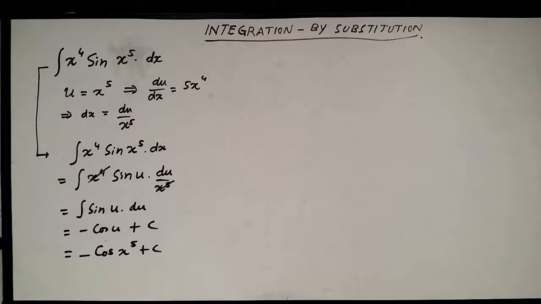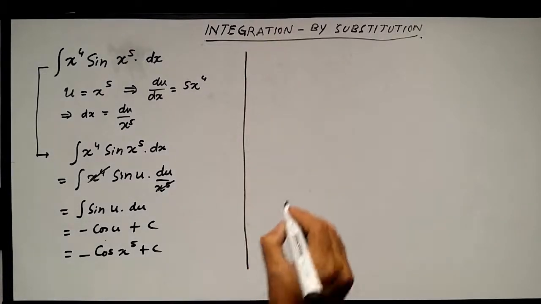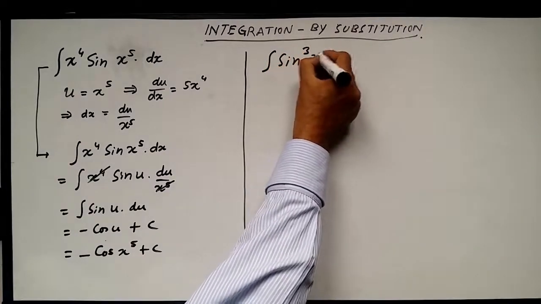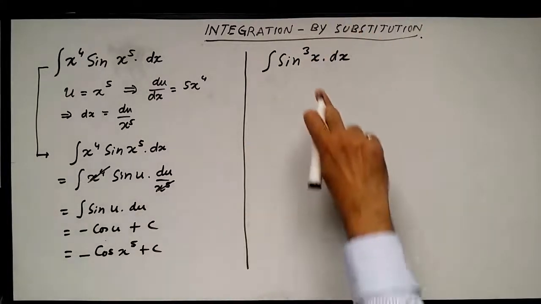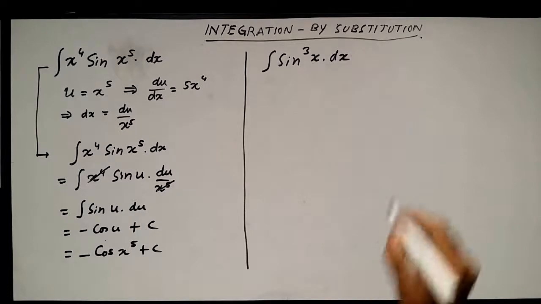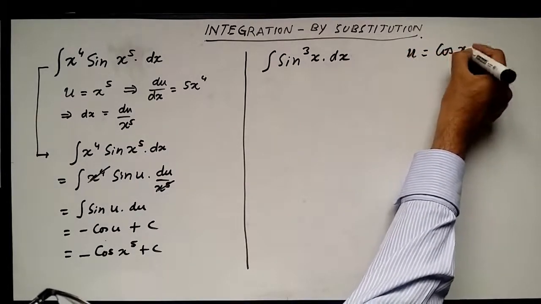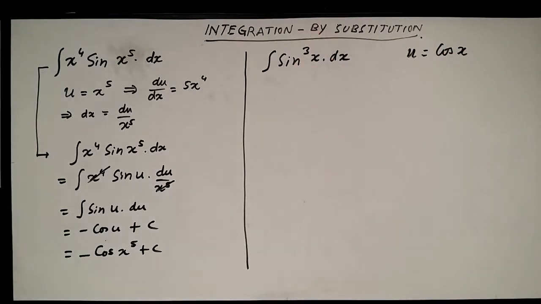So let's take another problem. Integration of sine cubed x dx. It is usual to substitute u equal to cos x. Okay, in such cases where we have powers of sine, like sine to the power 3x, it makes the integration very simple.